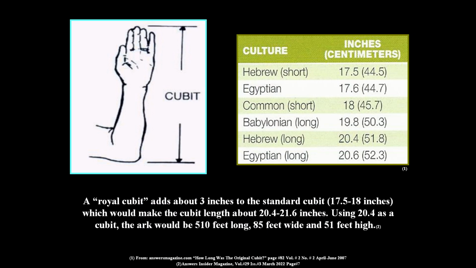And if you notice to the right there, you've got whatever culture it is and what their cubit is considered to be measured. So you've got a Hebrew short, then the Egyptian, then the common short, and then a Babylonian, Hebrew long, and Egyptian long. What they commonly would say is about 18 inches.